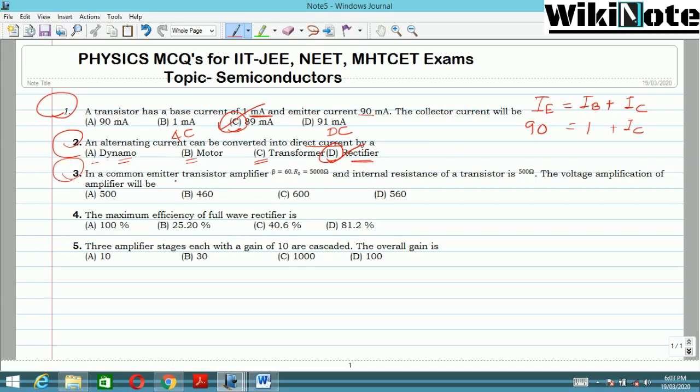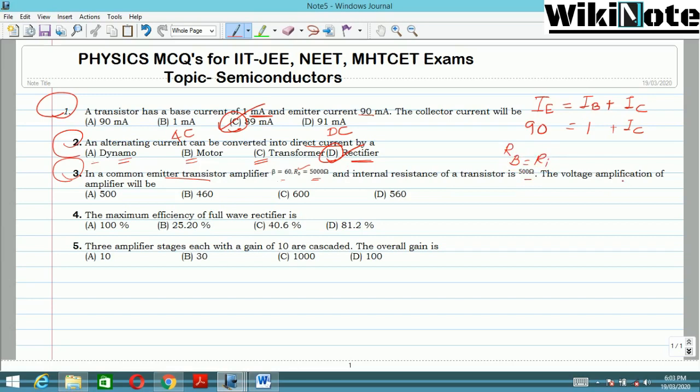Third is, in a common emitter transistor amplifier, beta is given, R0 is also given, that is output resistance, and the internal resistance of a transistor is given. So internal resistance is nothing but RP, or I would like to write it as RI.